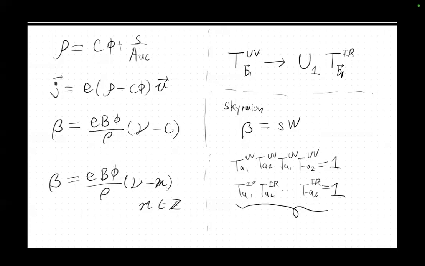Then this commutation condition quantizes beta to be an integer multiple of S, so we see that this is S times M, M being an integer. Here, it's a Skyrmion configuration, so the configuration itself doesn't have a U1 charge or even a definite SU2 action. So I'm not exactly sure how to think about this example.